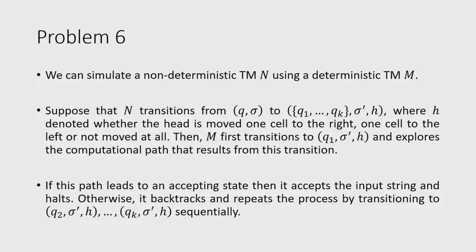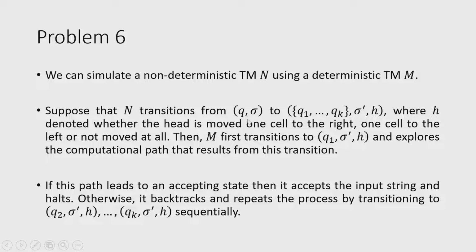And to see this, let's see how using a deterministic Turing machine M we can "simulate" the execution of N. So suppose that N from its current state q and reading tape symbol sigma from its tape transitions to q1 to qk, sigma prime, h, where h denotes whether the read-write head has moved one cell to the right, one cell to the left, or not moved at all. Recall that from the first problem we can assume without loss of generality that N has only one tape. So over here we are just reading one symbol from its one tape.